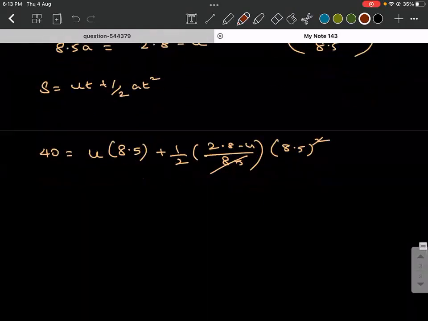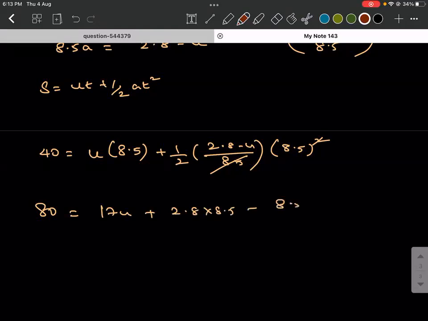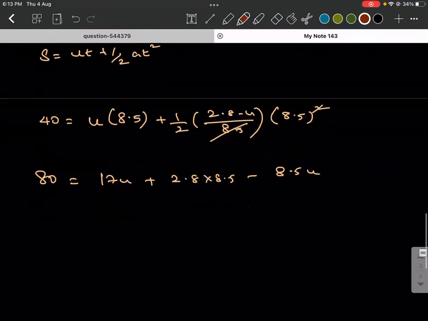If you multiply by 2, you will get 80 is equal to 17U plus 2.8 into 8.5 minus 8.5U. So 80 minus 2.8 into 8.5 is equal to 8.5U. From this, you can find the value of U.